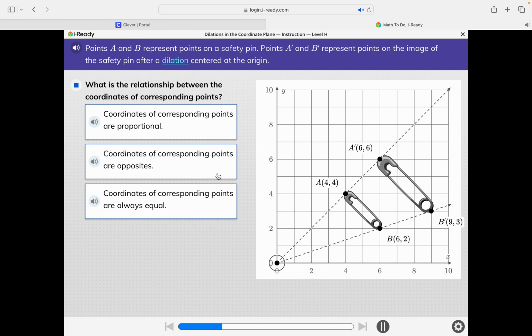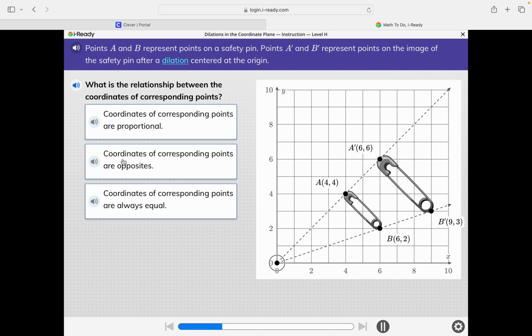What is the relationship between the coordinates of corresponding points? Read one by one. First: coordinates of the corresponding points are proportional.